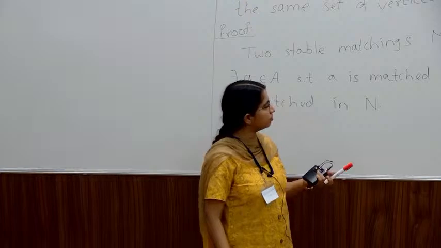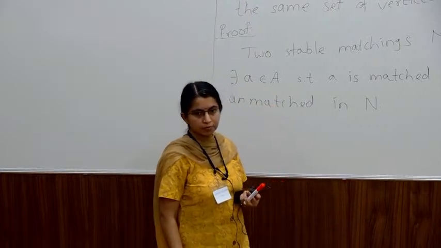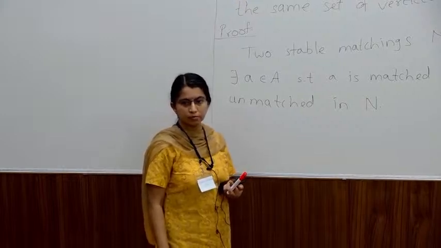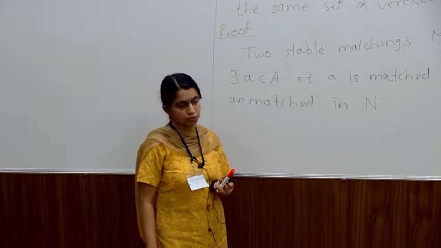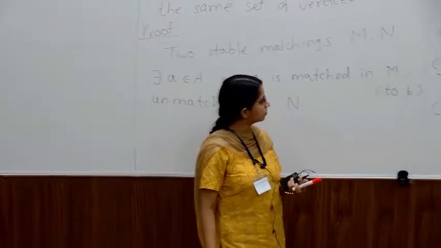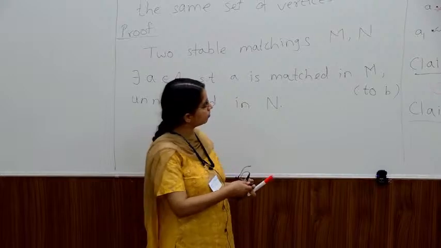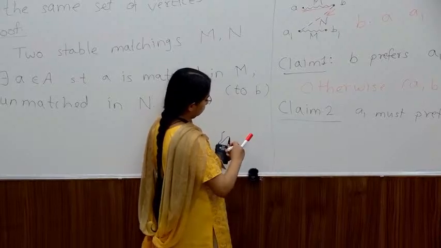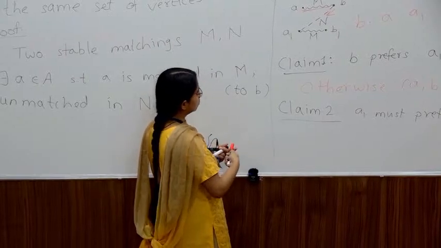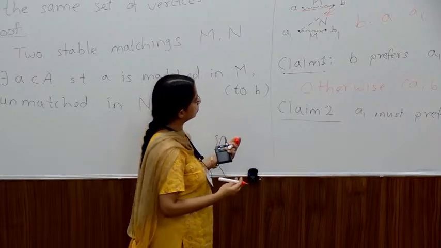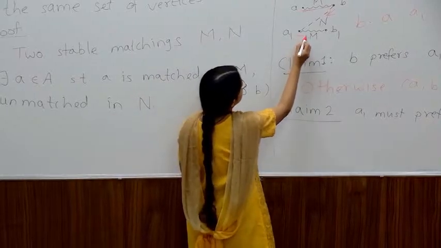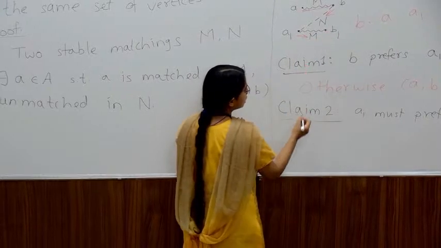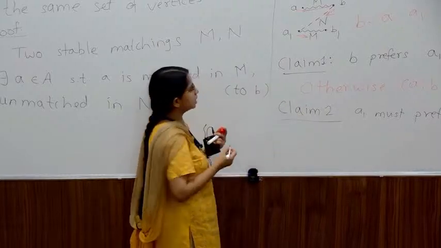Again the same question, can B1 be unmatched in N? And why? Because if it was unmatched, then A1, B1 would form a blocking pair with respect to the matching N, since A1 prefers this.